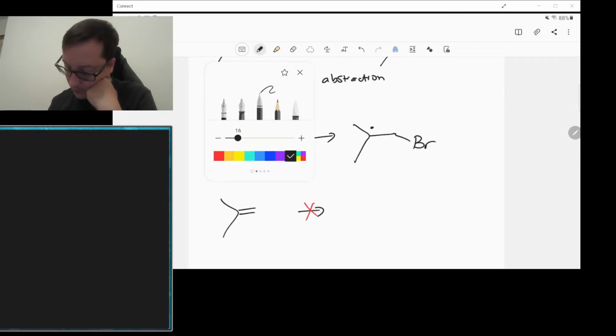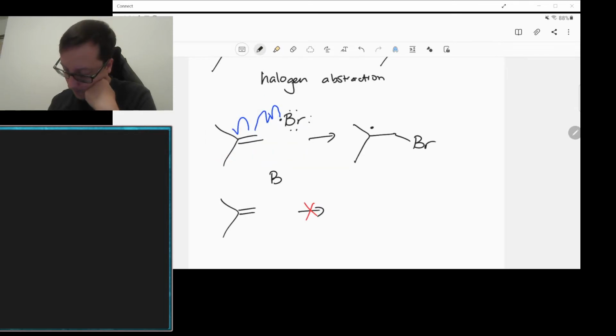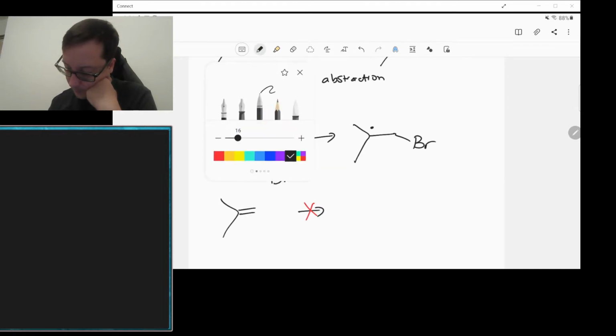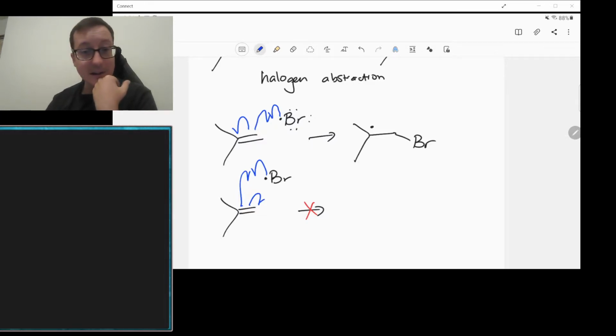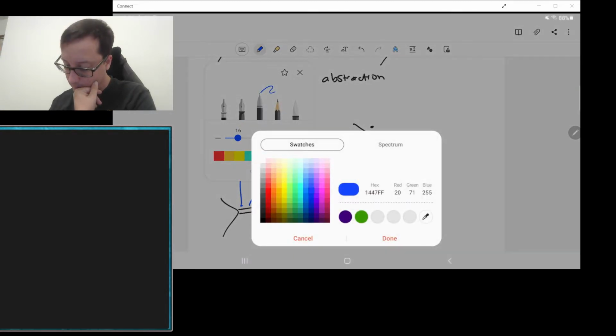But I'll show you anyway. What would those arrows look like? We know that this is addition to a pi bond. If we moved it that way, that tells us that we're going to be putting the bromine on the tertiary carbon. Oops.